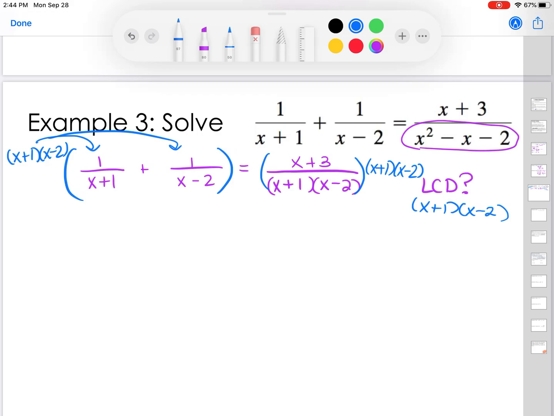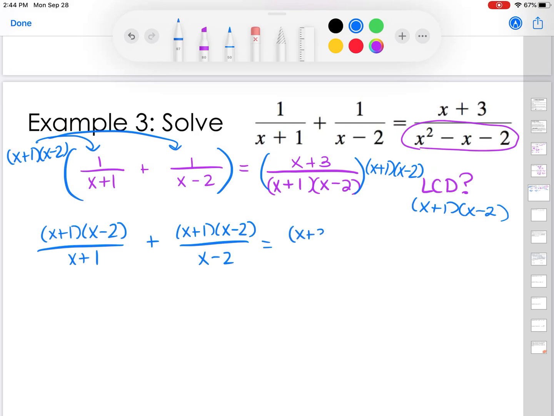That's going to give me 1 times x plus 1 times x minus 2 over x plus 1 plus, again, when I distribute, 1 times x plus 1 times x minus 2 over x minus 2. And then on the right, I'll get that x plus 3 that's already there times the x plus 1 times the x minus 2, and then I have the denominator. Again, feel free if you can skip the step, go ahead. I just want to show you what's happening.